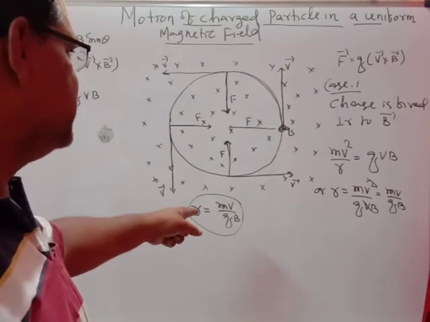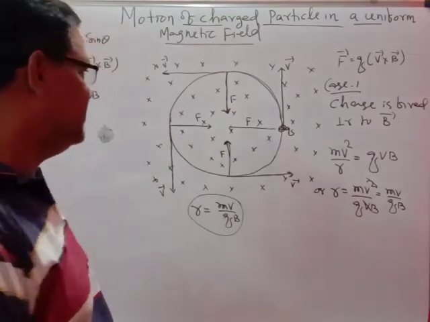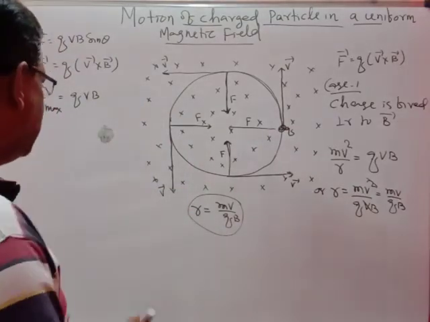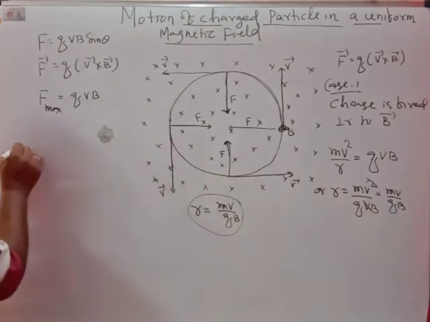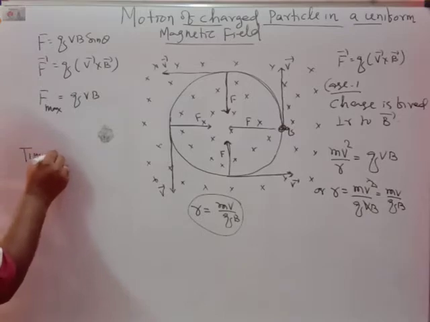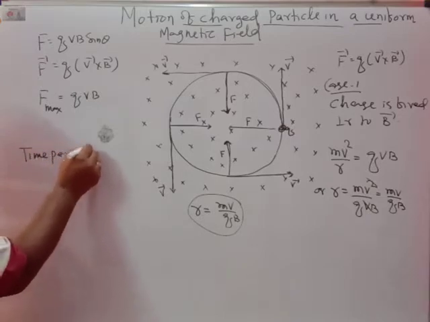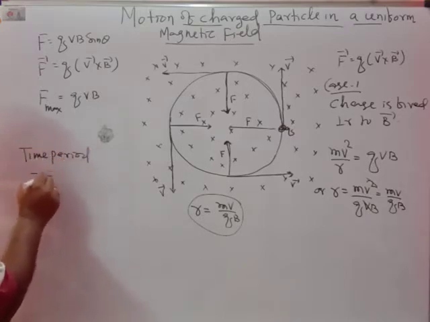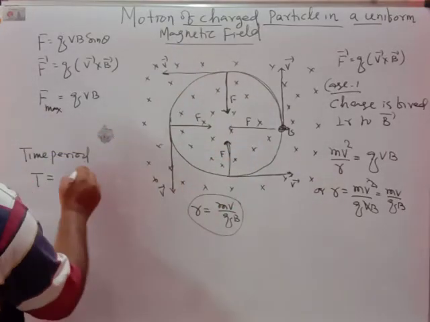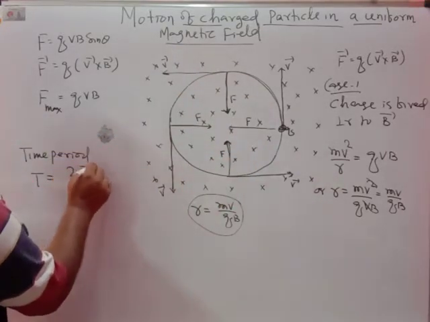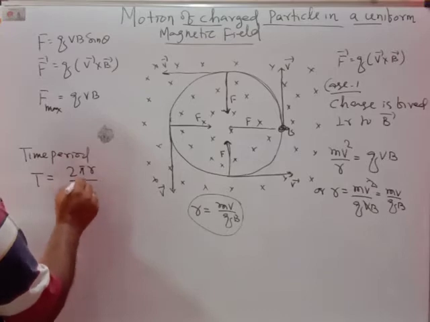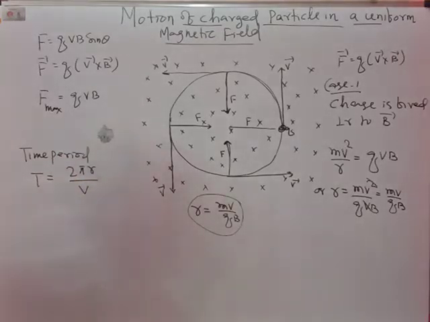So what will be the time period of this rotational motion? The time period T equals the total distance travelled, 2 pi r, upon v.